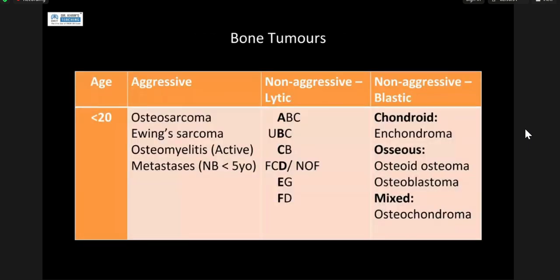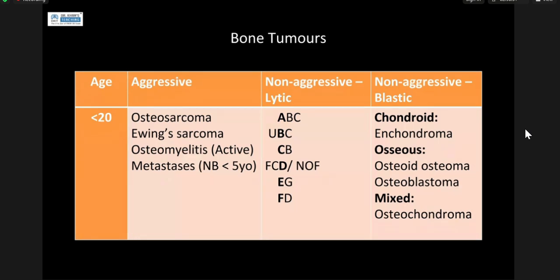So, a nice summary here of some of the conditions that we will be looking at today. It's a nice table, and I have to specifically say thank you to Sam, who has written the majority of these slides today. This is a lovely table, with a nice age-discriminating factor.